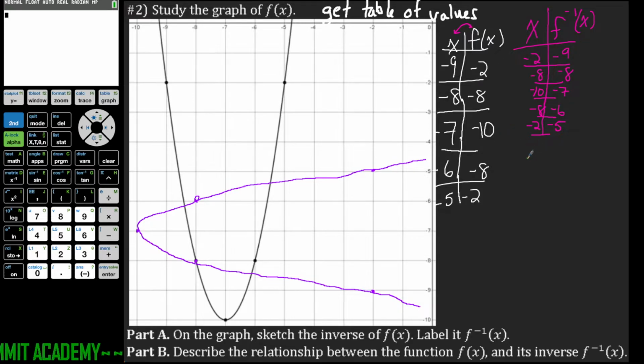Okay, so I want to say something about the x and y values. Then I can say, let's have x and y values are switched.